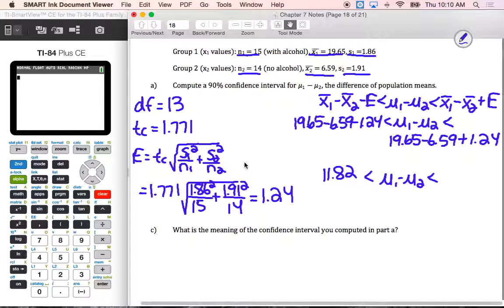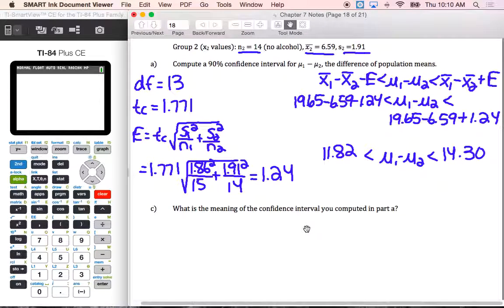For the right side, we got about 14.30. Now these are giving you two positive numbers. So if it's two positive numbers, you're saying the first group is bigger, because a bigger number minus a smaller number is going to be positive. So both numbers are positive.